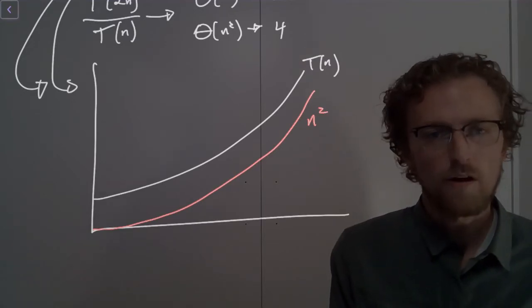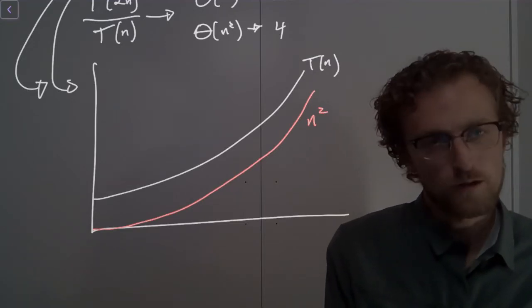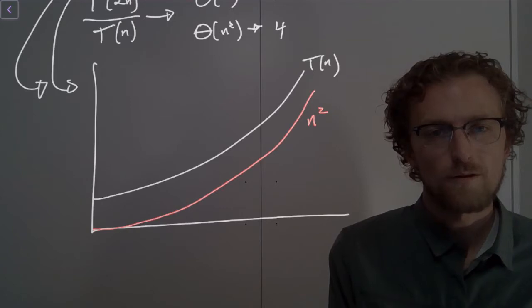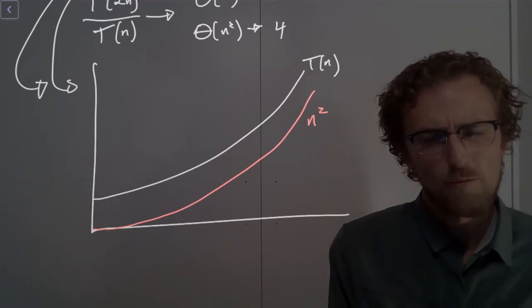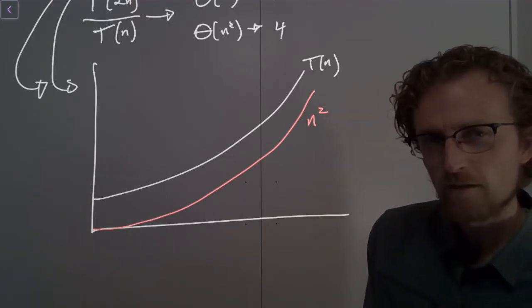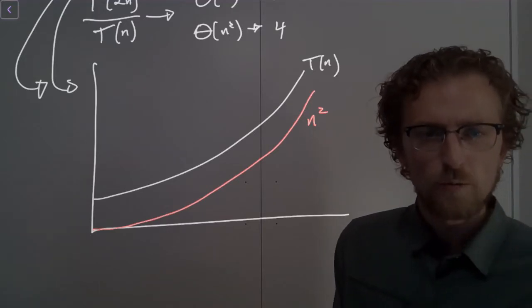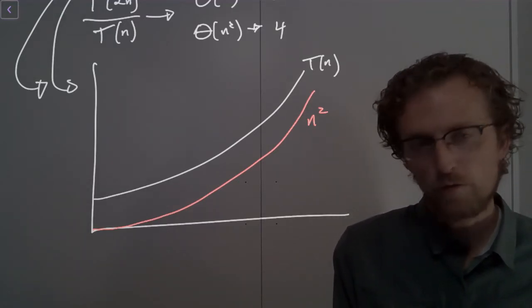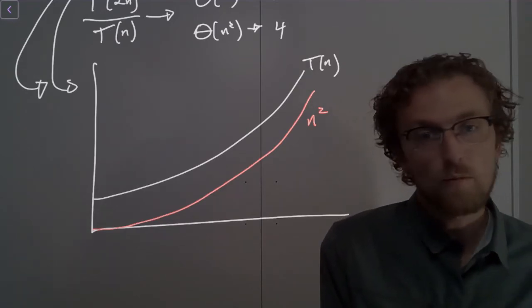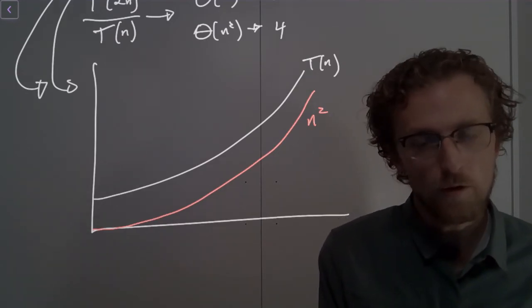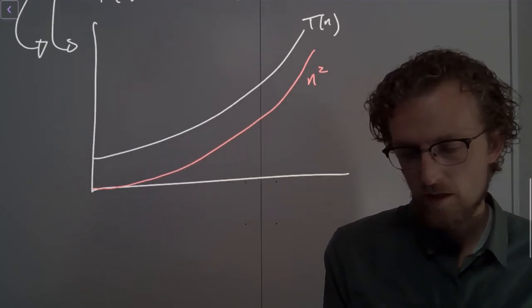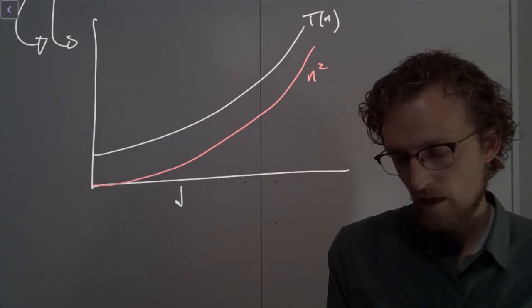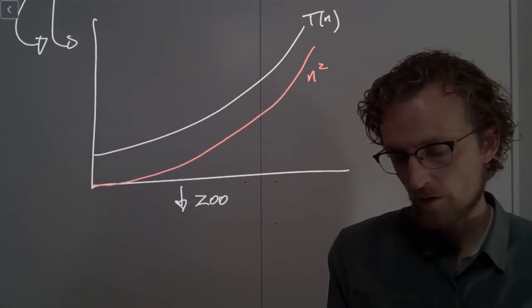And I could eyeball this, and I could say, hey, look, those two look pretty similar. Those are tracking each other well, but are they tracking each other perfectly? What would I do if I wanted to figure that out? I might just zoom out and plot more points.